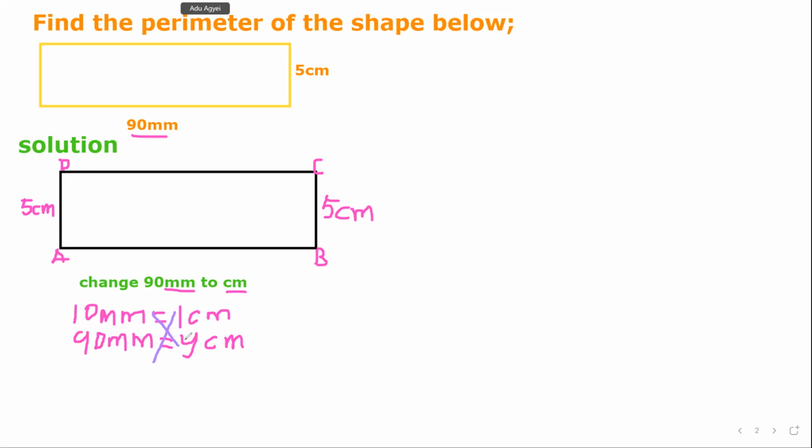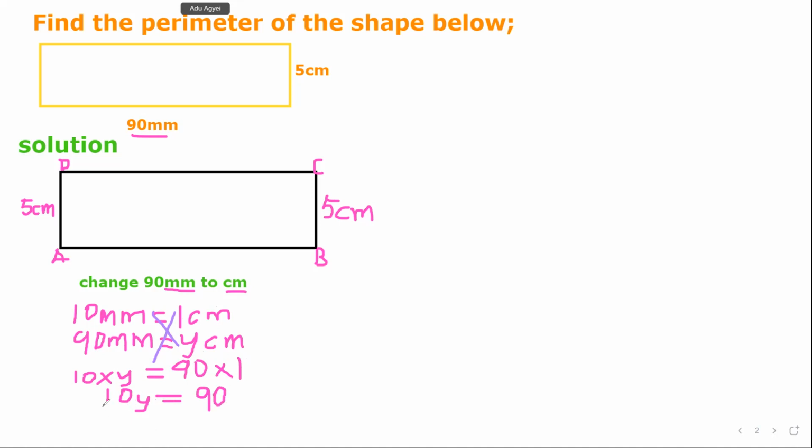The 10 will be used to multiply the Y, so which will be 10 times Y equal to, the 90 will be used to multiply the coefficient here, which is 1. So 90 times 1. Now here you have 10Y equal to 90.